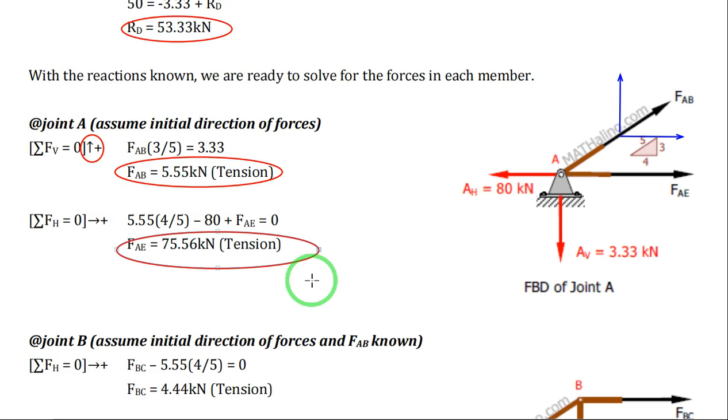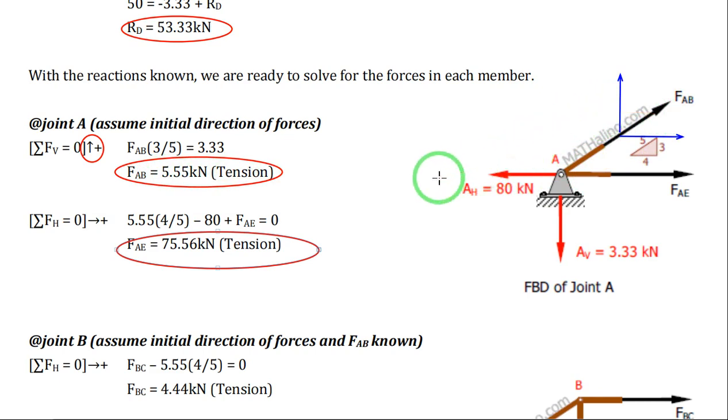Okay, your answer is correct, but the assumption of direction is wrong, so you can change the direction or the orientation of your force. So if ever that you have come up with an FAB of negative 5.55, meaning the assumption that FAB is in tension is wrong. So this must be in compression, since you have assumed initially that FAB is in tension.